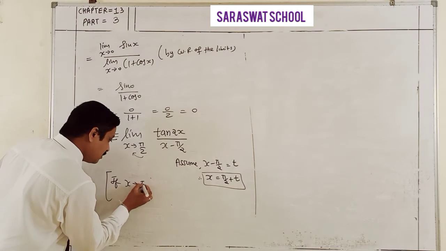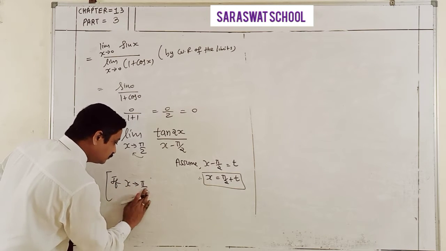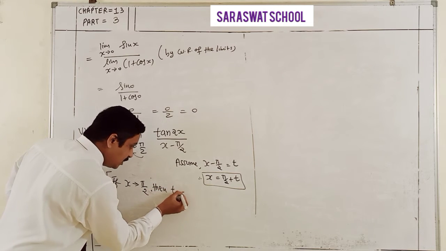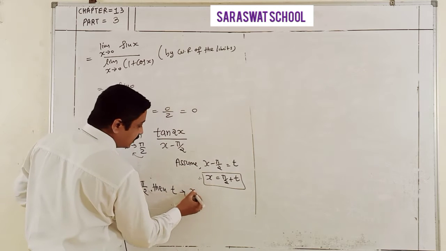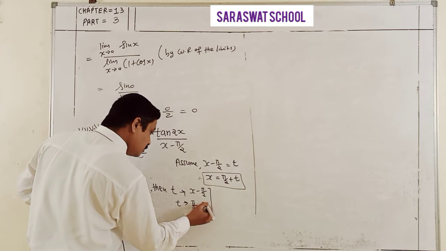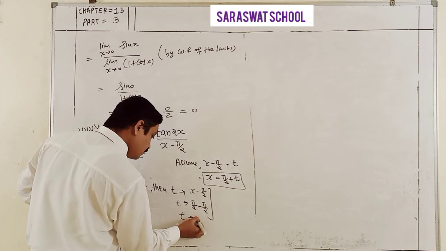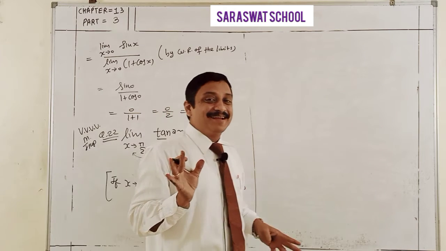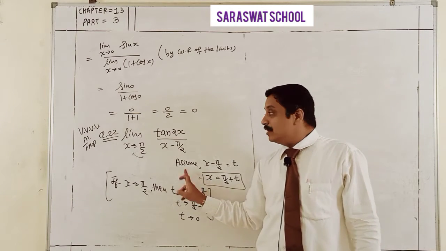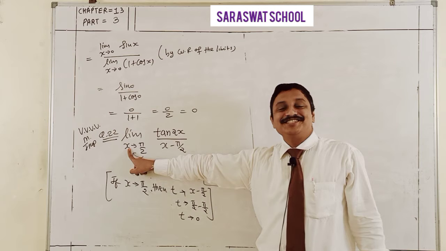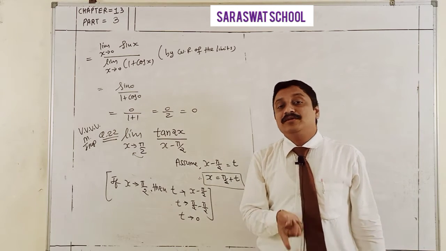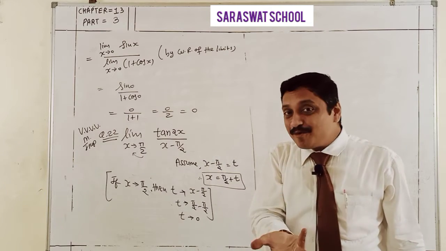If x tends to pi by 2, then t tends to x minus pi by 2, so I write pi by 2 minus pi by 2, and definitely my limit is 0. Students, this process is very simple. Always convert the limit to 0, because the formulas operate with limit 0.